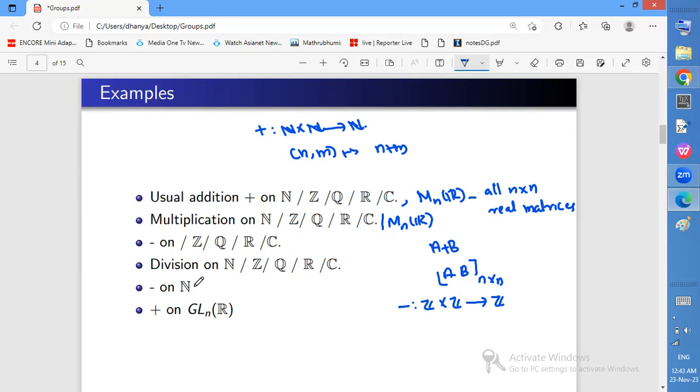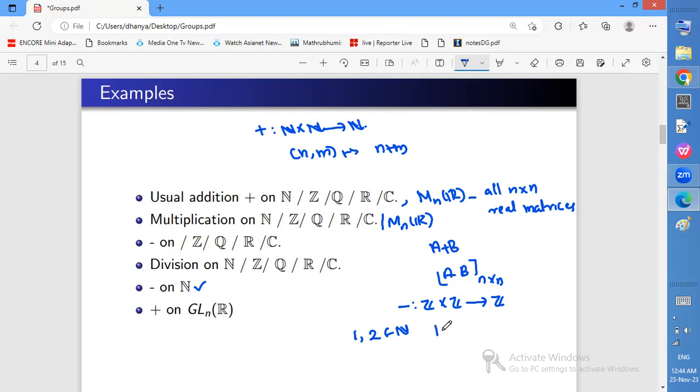Now, what about N? Suppose I'm considering the set of natural numbers and the operation subtraction on this. Will that form a binary operation? No, right? Because if I take two numbers, say 1 and 2, which are elements of N, what is their image under this operation?